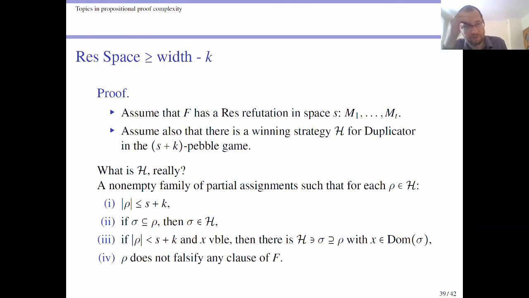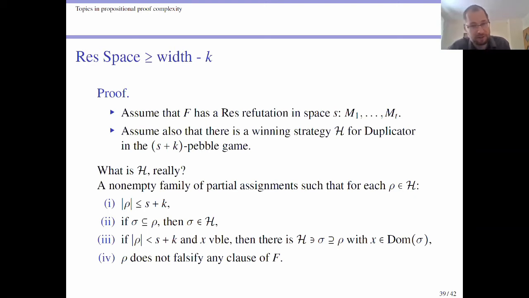So for any variable X, if you've got an assignment ρ in duplicator's family, you have to have a larger assignment, possibly the same one if X is in the domain, but if it's not, you have to have a larger one still in this family, which decides X. Perhaps you're already forced by what ρ looks like, or by the formula, to set X specifically to false, or perhaps to true. But you must be able to answer a question about X.